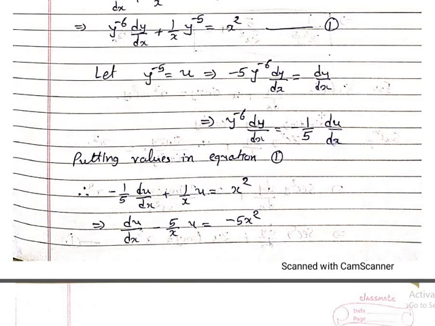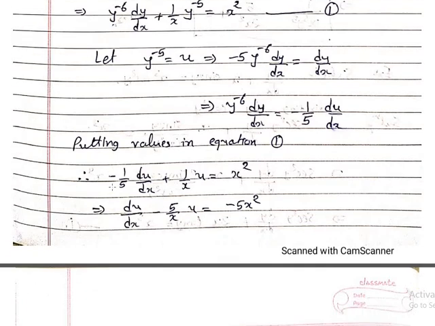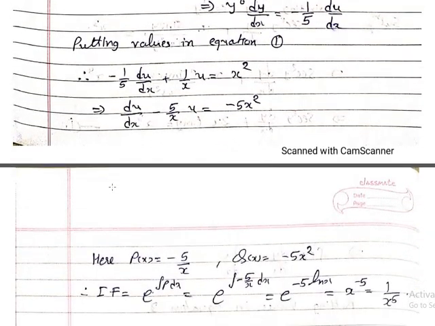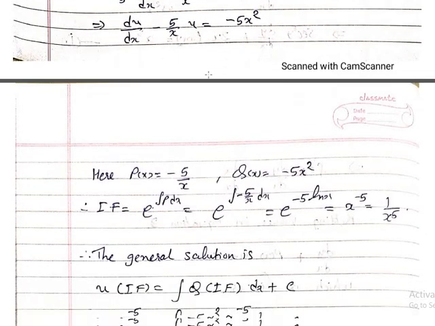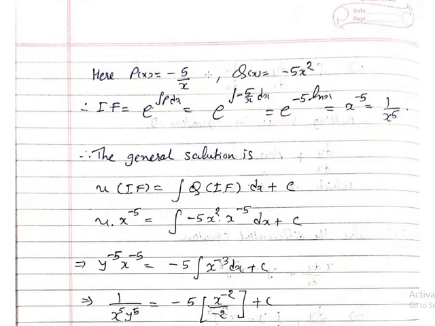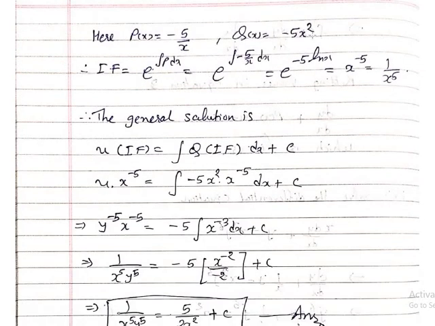Now putting these values in equation 1, that will give minus 1 upon 5 du by dx plus 1 upon x u is equal to x square. And that will give du by dx minus 5 upon x u is equal to minus 5x square, multiplying this equation by minus 5. So your p(x) will be minus 5 upon x, q(x) will be minus 5x square.